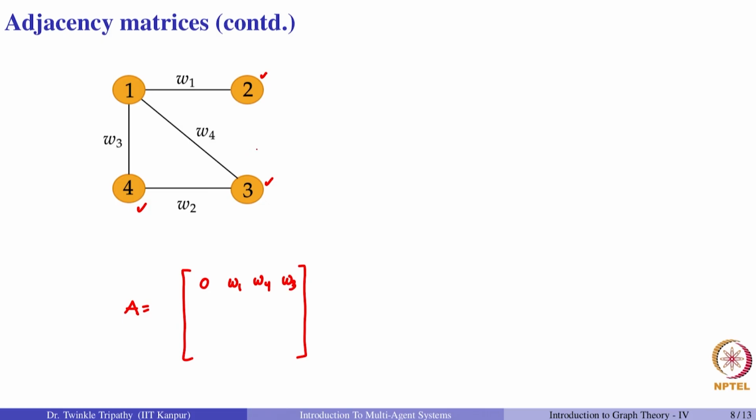And 2 shares an edge only with 1, so it will have only one non-zero entry in this row, which is this. 3 has 2 edges, to 1 and 4. And 4 again has 2 edges, hence this should become like this, and 0. Okay.